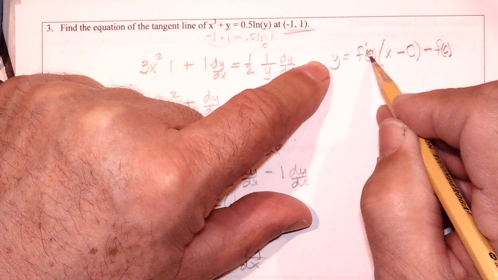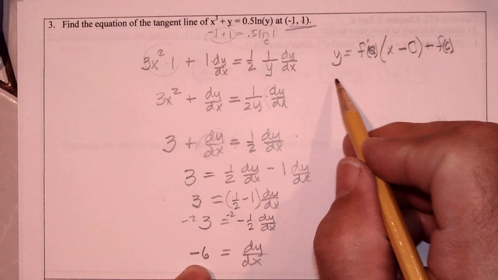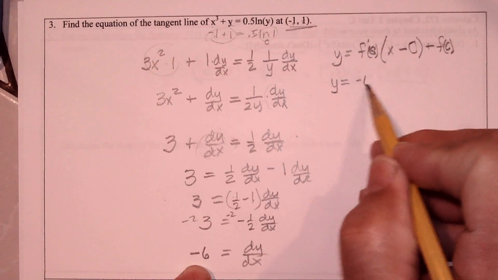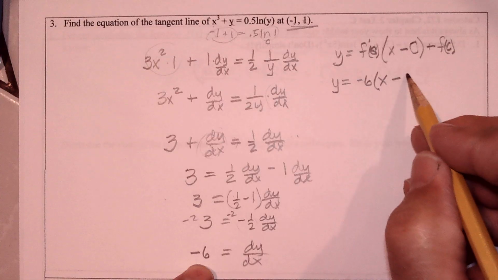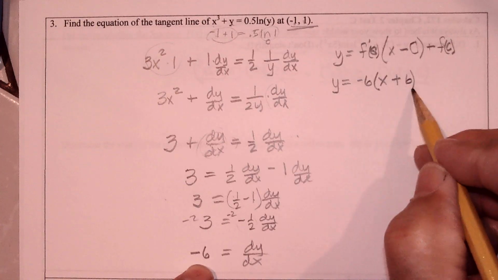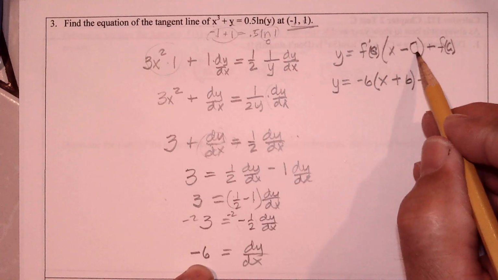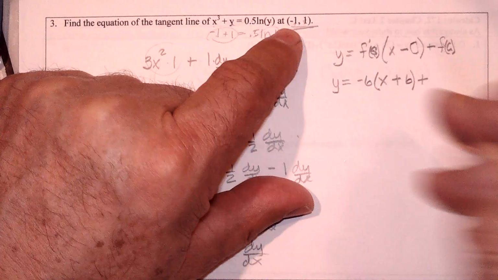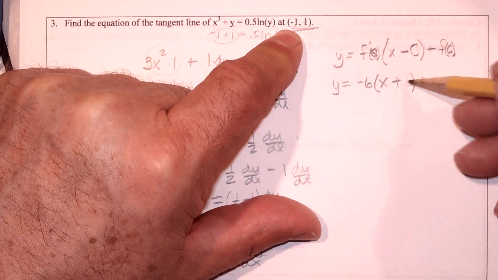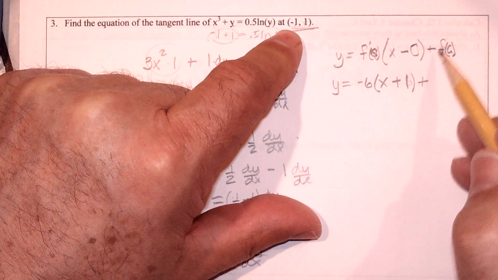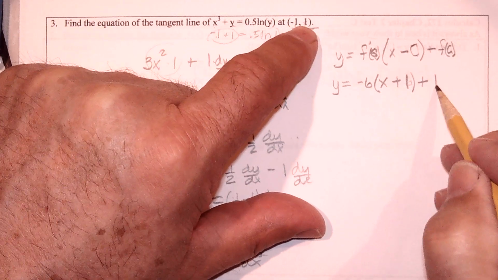So the slope at minus 1 is minus 6, x minus a minus 1. Excuse me, minus a minus 1 is plus 1. Boy, I almost made a nasty mistake there. Plus the y value at minus 1, which is 1.